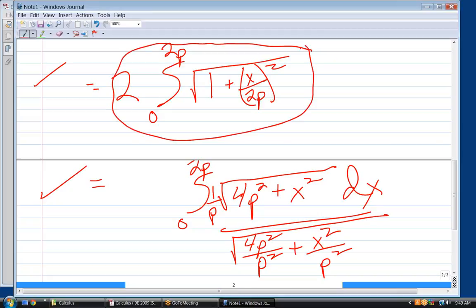Well, how do I get this out of this? Let's put the 2 back in. If we put the 2 back in and put it inside the radical, it becomes 4 plus 2x squared over 2p squared.